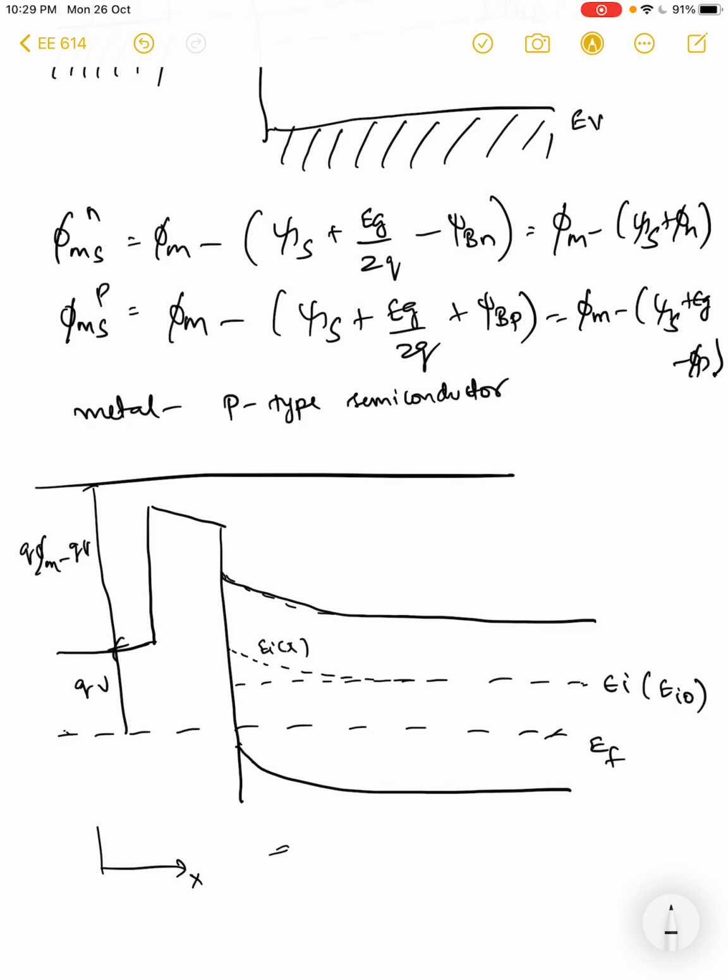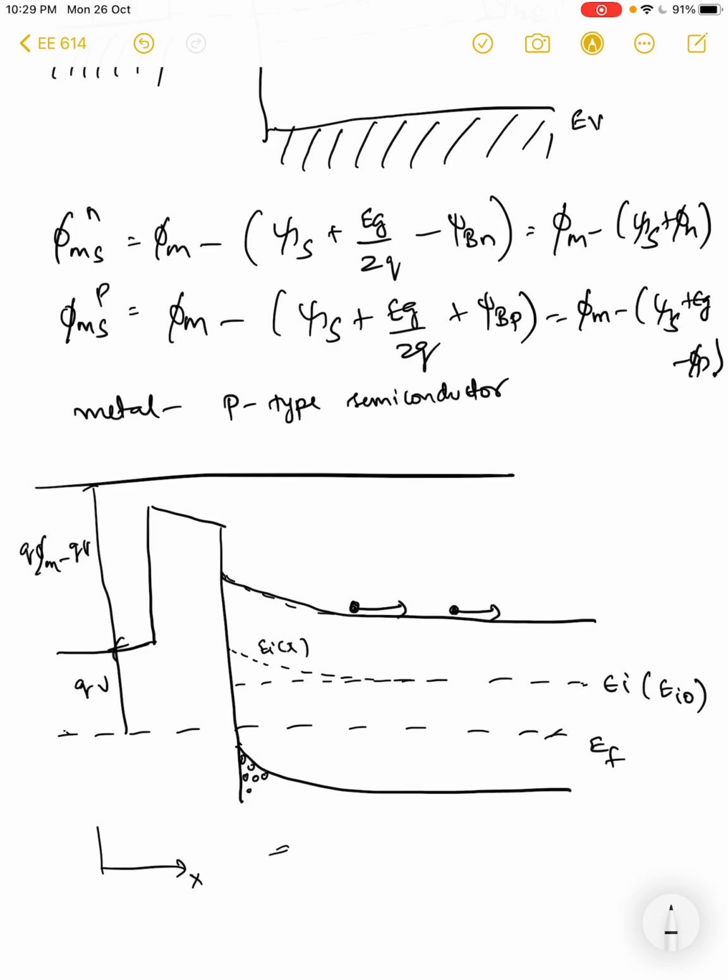And you can see that if I apply a negative potential, EI of x is going to be higher than EI naught, right? Because it is going to bend upwards, and because it is bending upwards, I'm going to accumulate holes here at the interface, and the electrons are going to be pushed out.